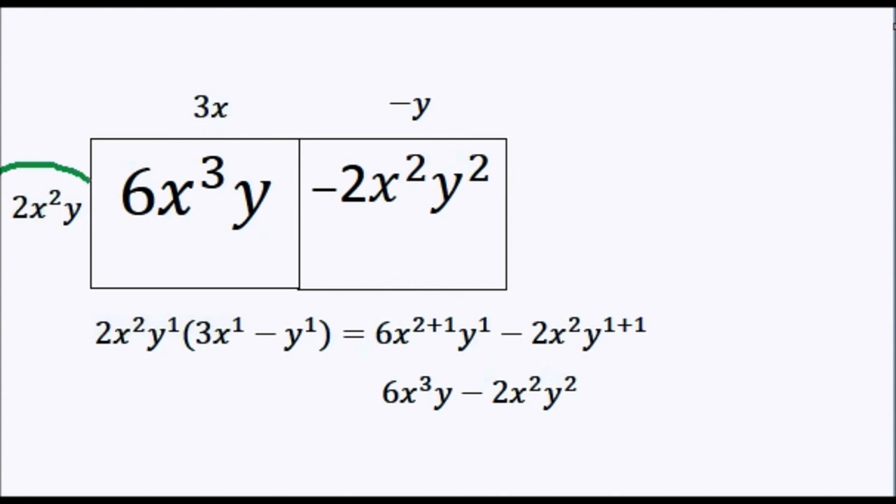Now we do this one times this one. And so we start off with the coefficients. 2 times negative 1 gives you negative 2. Okay, so we're done with that. Now we do the x's. Make sure you understand. Done with that. Cross that out. Now we do the x's.